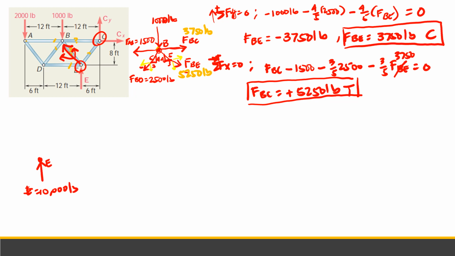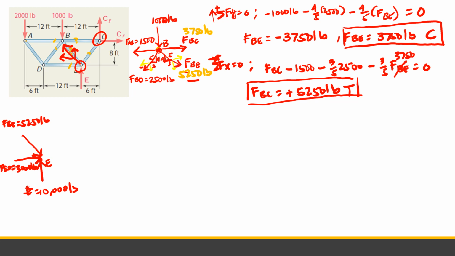And then FDE is in compression, so FED is equal to 3,000 pounds, which we also solved earlier. And then the newly solved FBE, which is also in compression, is equal to 5,250 pounds.